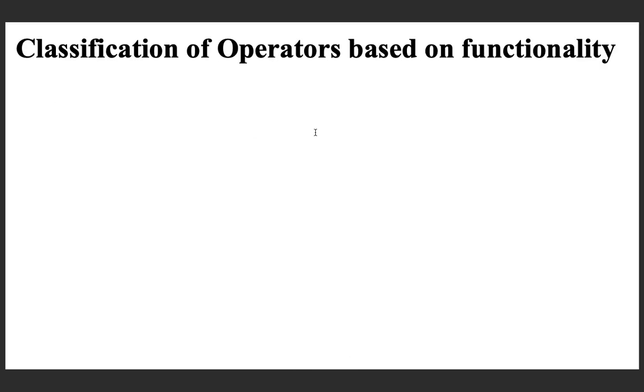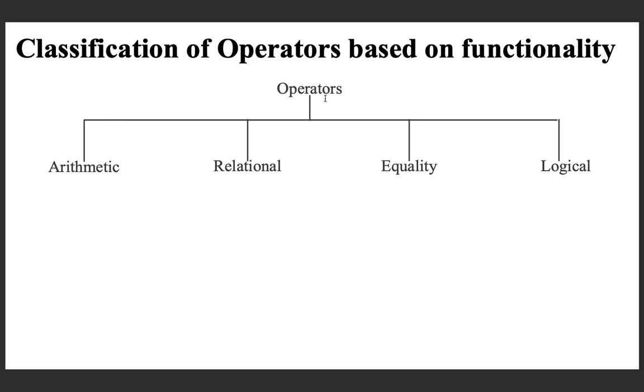Now we are going to wind up the discussion on operators. Operators are classified into arithmetic, relational, equality and logical based on the functionality. These are the arithmetic operators that we discussed, which result in an arithmetic or numeric value.